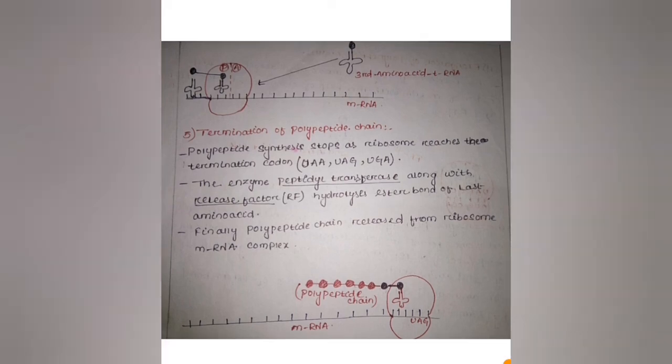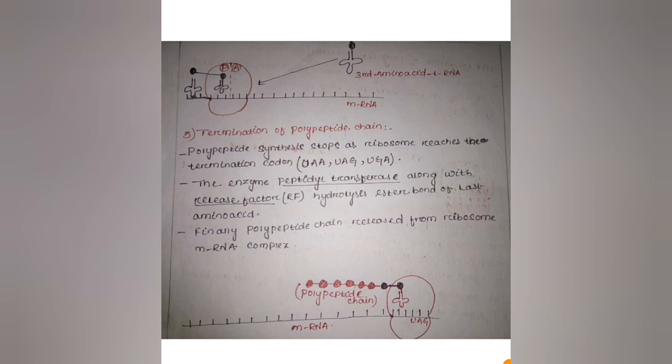Here see the diagram. tRNA is present without amino acid. Ribosome has moved one codon ahead. Here this one is P site and this one is A site. Second amino acid occupied the peptidyl site which was present before amino acid site, and the A site, this one, is vacant. Now the third amino acid tRNA will get ready to occupy the A site, this portion.